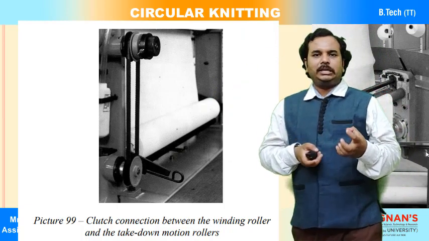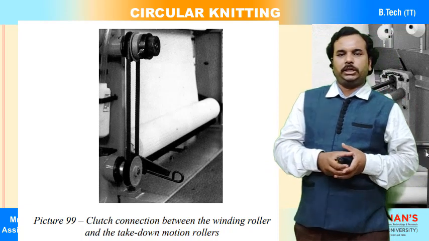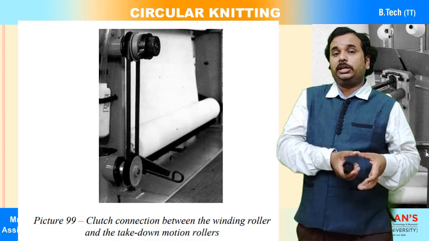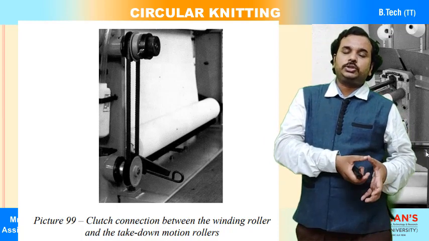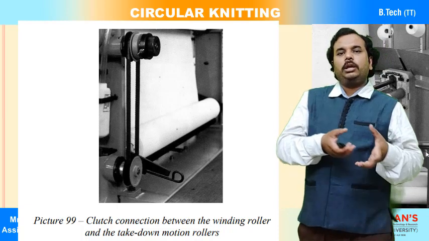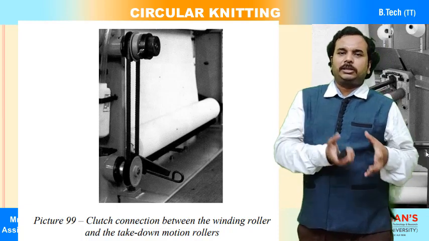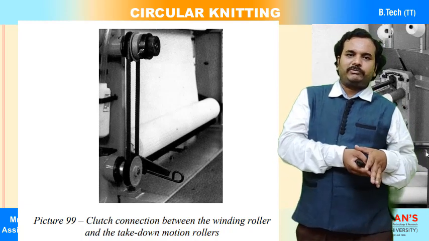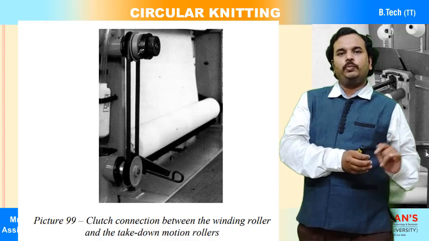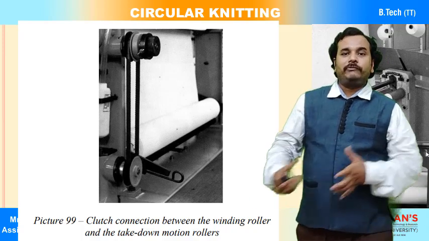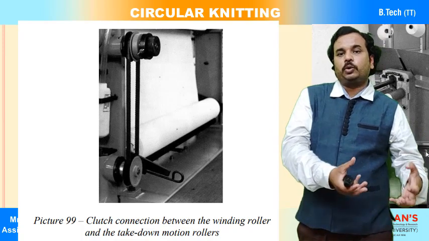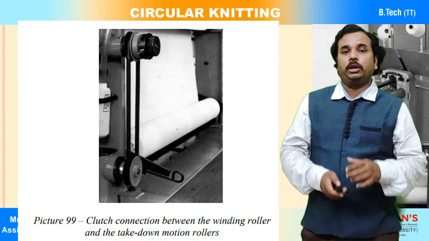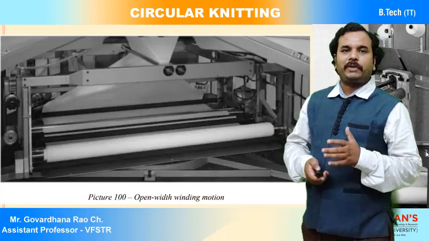Whenever the fabric is wound up to a particular quantity, measured in kgs or in fabric length, say for example 200 meters of fabric length, we need to cut and doff the roller. The full fabric roller is taken out and an empty roller is kept for the fabric winding. Okay, so this is how we wind the fabric.